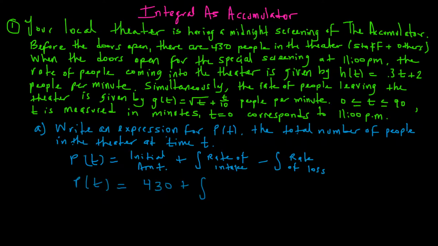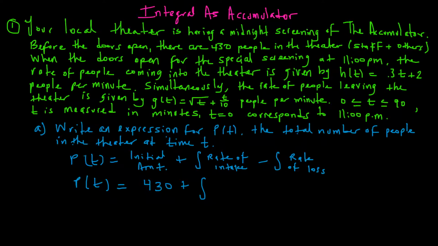Now let's think about the limits. The question says write an expression for P of t, the total number of people in the theater at time t. So even though we're looking at it for 90 minutes, from 0 to 90, they said they want the expression at any time t.